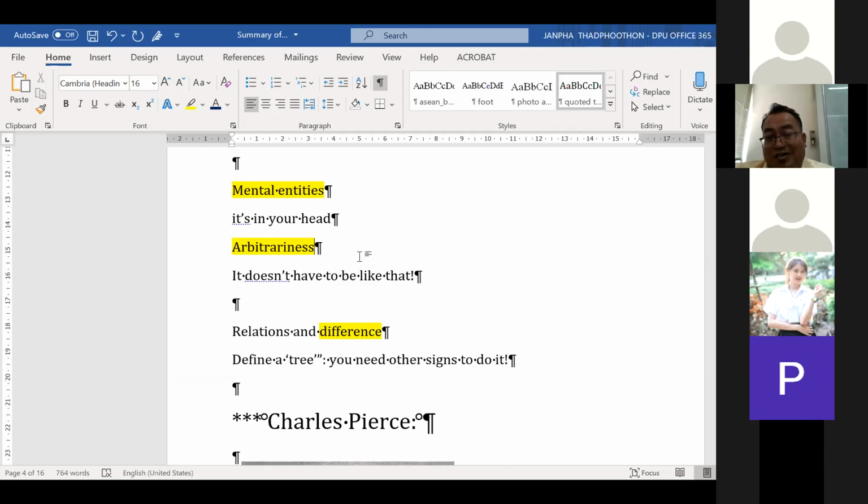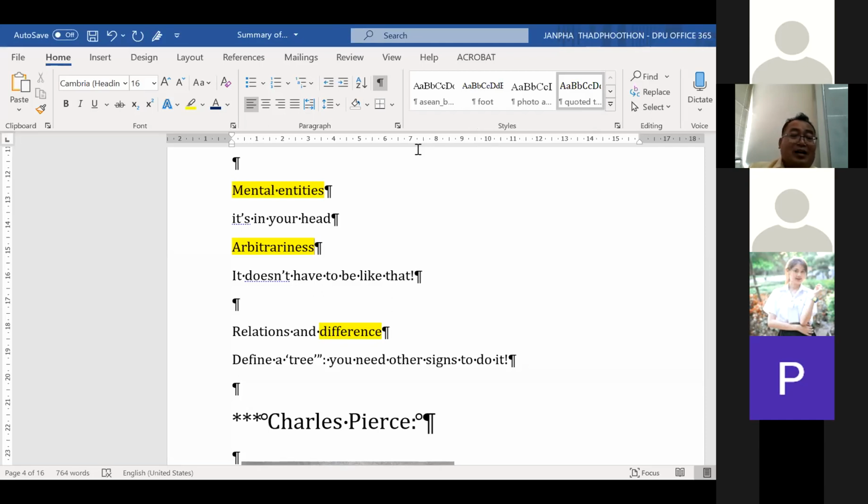There's no logical reason except that it's arbitrary. Welcome to our session if you just joined. Understand what I mean? Arbitrariness means it doesn't have to be that way. It can be something else.